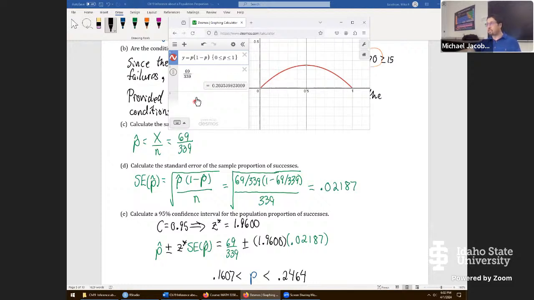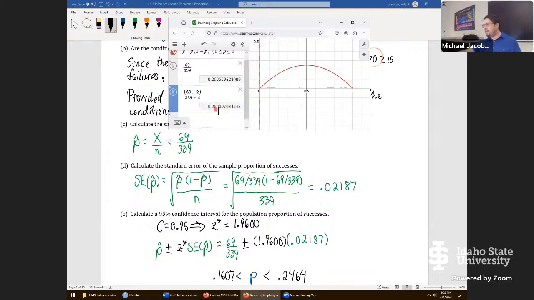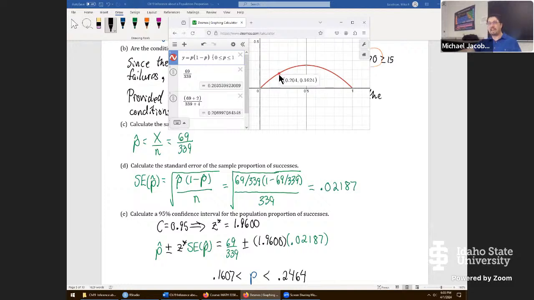But now what happens if we do a +4 estimate on it? We go 69 plus 2 over 339 plus 4, and now note, it's just a little bit bigger. It's at 0.207. At 0.203, we get 0.1627, but now move to 0.207, and it's increased.